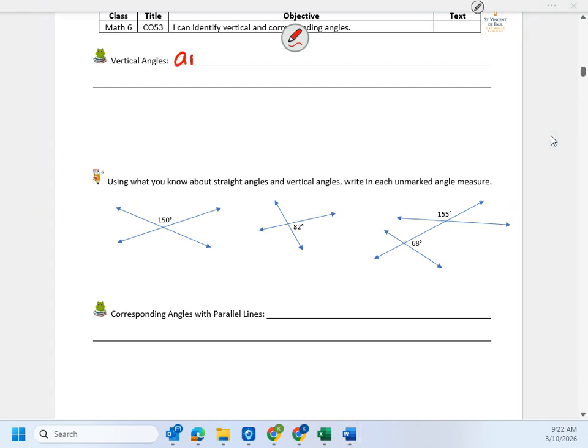Vertical angles are angles opposite each other at a common vertex.